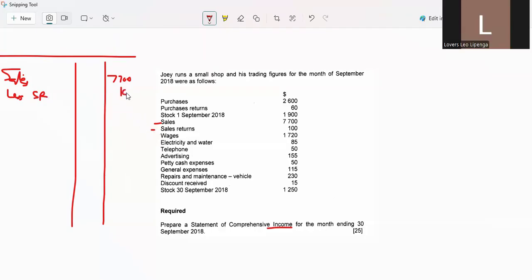What do we get? 7,600. What do we call that? Turnover.